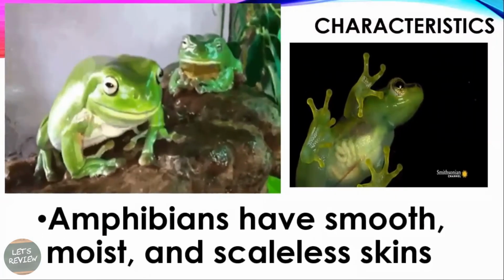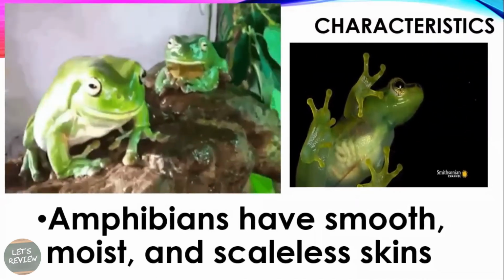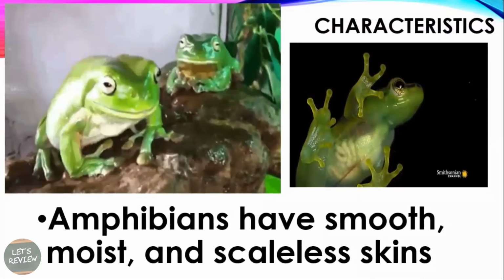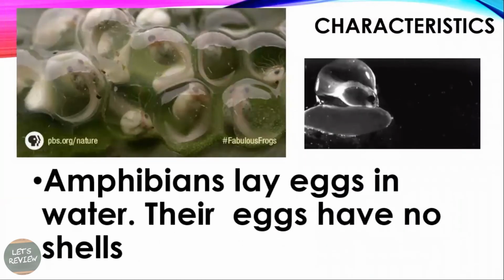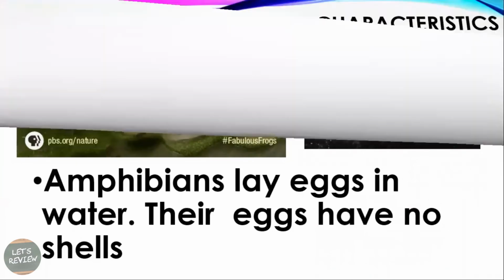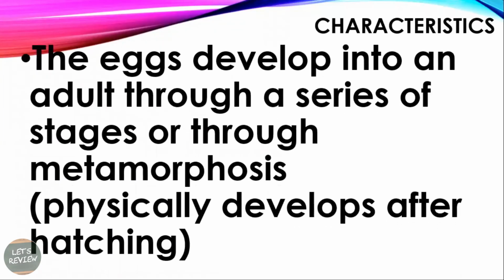Amphibians have smooth, moist, and scaleless skin, like frogs. They lay eggs in water, and their eggs have no shell at all. The eggs develop into an adult through a series of stages, or metamorphosis, physically developing after hatching.